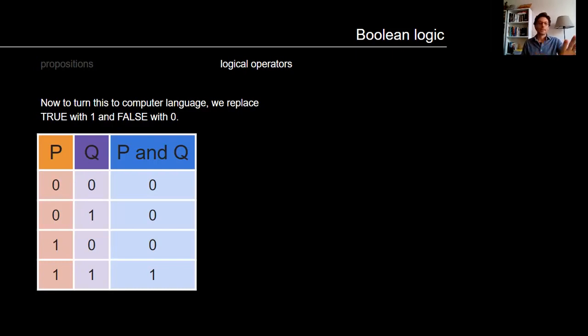This is the exact same truth table for the AND operator that you can find 3 slides back. If you don't believe me, go back and check it out. I just replaced F with 0 and T with 1, and when I did that, I reached this truth table for P and Q.